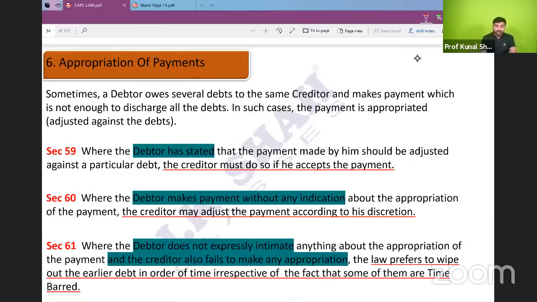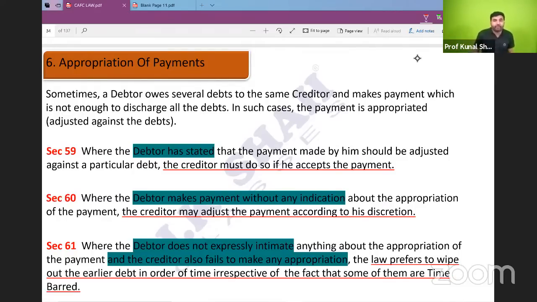Law says that whenever there is a debtor who has taken multiple debts from a single creditor, then whenever there is a point of repayment, it is the debtor who will decide, out of so many loans taken, which loans he has repaid.